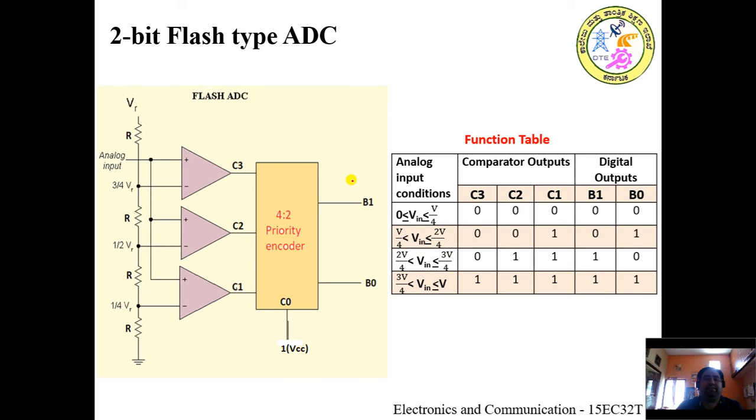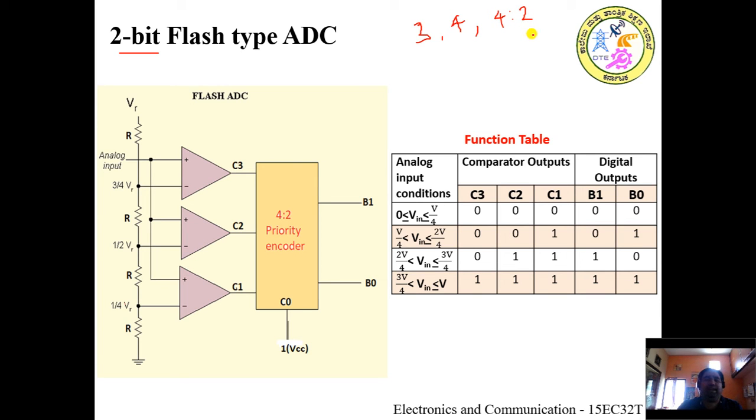As you can see here, since it is a 2-bit flash type of ADC, it needs 2 to the power of 2 minus 1, that is, it needs 3 comparators. And in the voltage divider circuit, we expect 2 to the power of n resistors, that is, 2 to the power of 2 means we expect 4 resistors, and the outputs of the 3 comparators are fed as input to a 4:2 priority encoder.